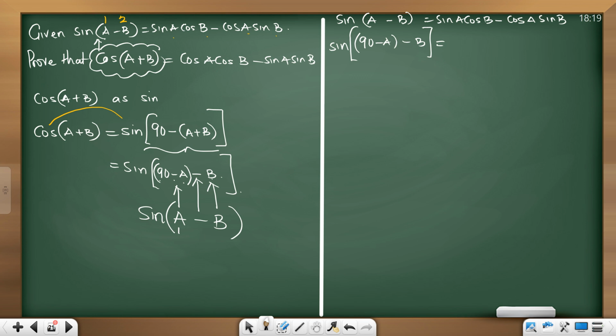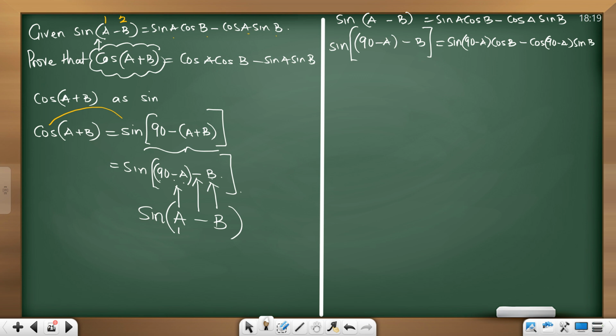My B is still B. So what do I have? Sine 90 minus A cos B minus cos 90 minus A sine B.